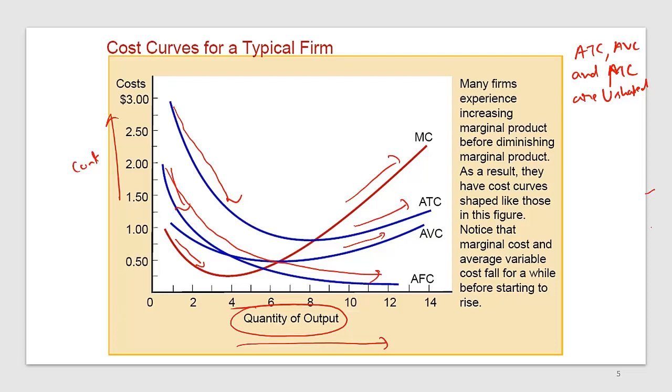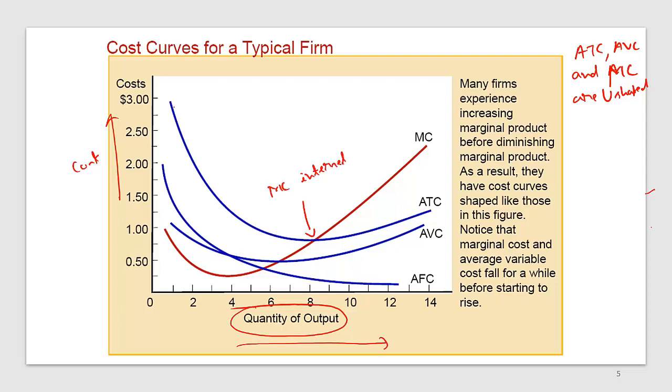There are a couple of other things I would like to point out about where these curves intersect. Before that, let me clear it out. First, you have to understand that marginal cost always intersects average total cost at its lowest point. So here they intersect.